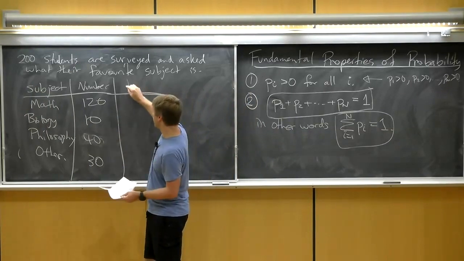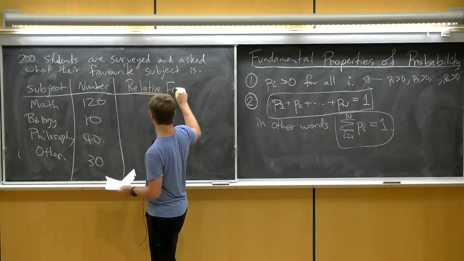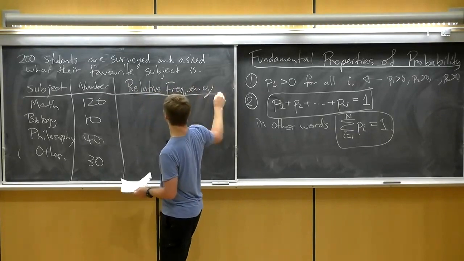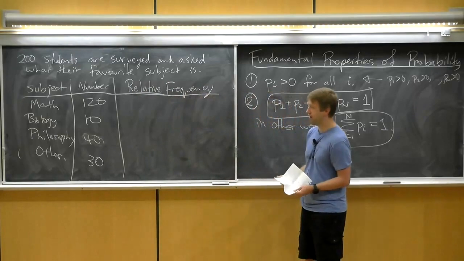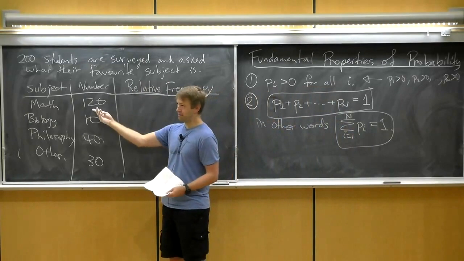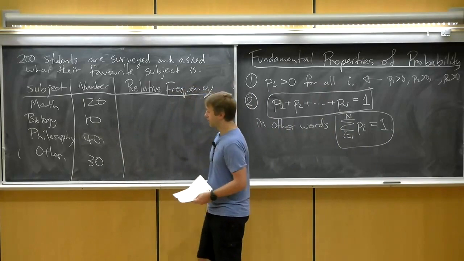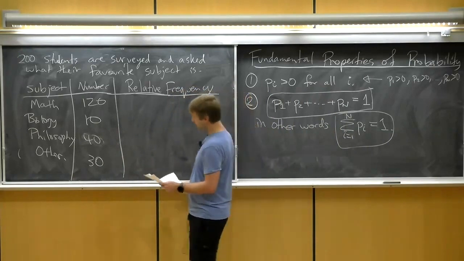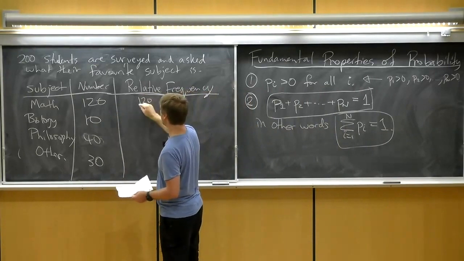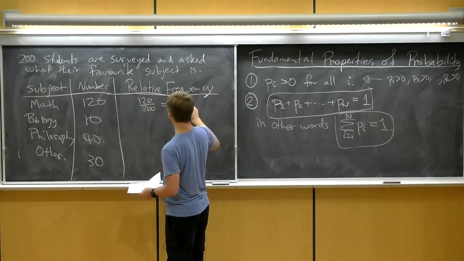Okay, so from that, you can compute the relative frequency of each outcome. What I mean by relative frequency is what percentage of people picked math, what percentage picked biology, and so on. So if I want to compute the relative frequency for math, I take 120 divided by the total number, which is 0.6.